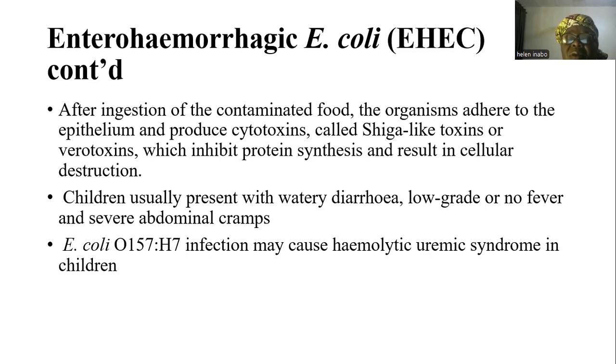Children usually present with watery diarrhea, low grade or no fever, and severe abdominal cramps. E. coli O157:H7 infection can cause hemolytic uremic syndrome in children.